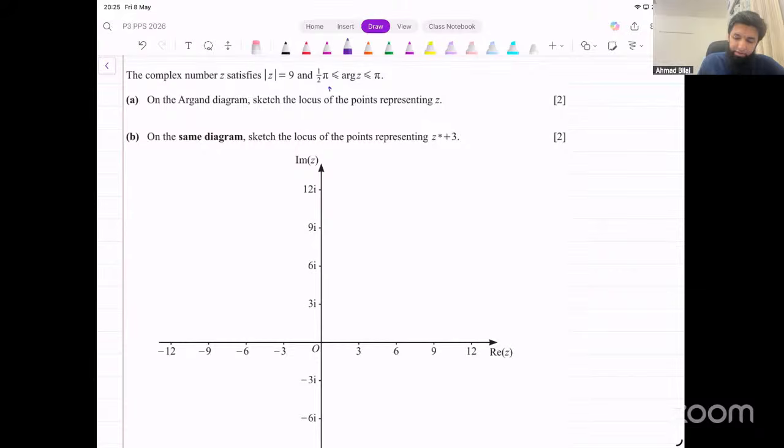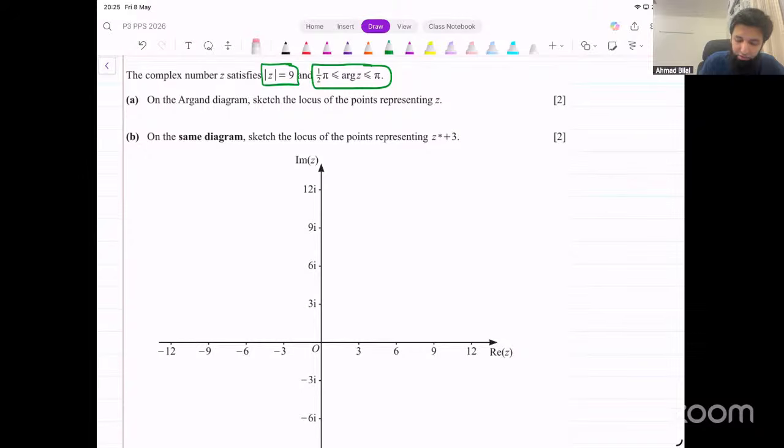On the Argand diagram, sketch the locus of the points representing z. Now, think about it. Modulus of z equals 9 and argument of z is between pi over 2 and pi. Now, how can we do this? We've done this before in other recent papers as well. What does this mean? Modulus of z equals 9.